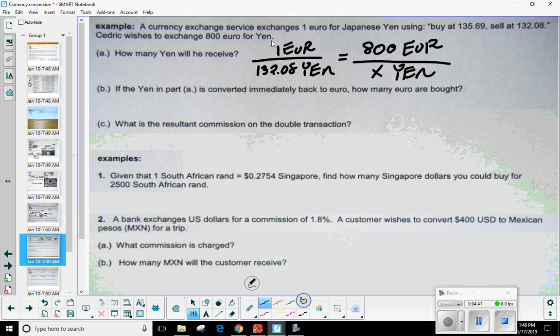Okay. Now we go ahead and cross multiply. So it looks like we just want to take 800 and multiply it by 132.08. Okay. So can anybody help me out with that? 105,664. Yes, that's what I got. 105,664 yen.